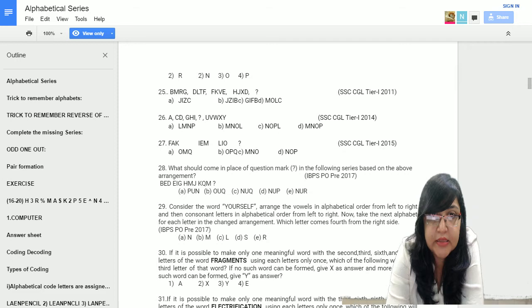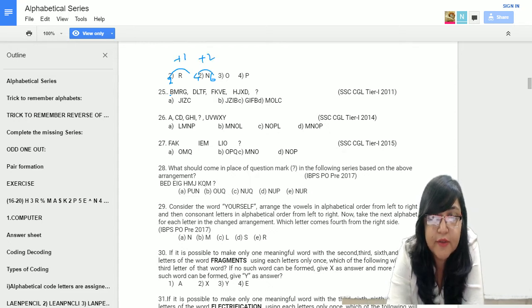BMRG, DLTF, FKVE, HJXT. Okay. So we'll be relating the first elements of each term. B is 2, D is 4, F is 6. So these are increasing by plus 2.